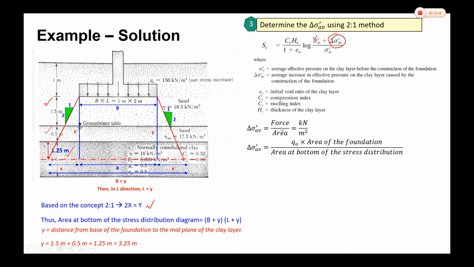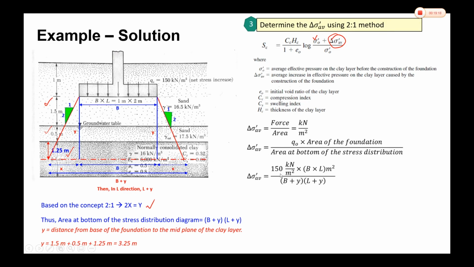It is actually based on the basic equation, force over area, so we should have the unit kilonewton per meter square. How can we get this one? We have the net stress increase, q naught, and we times it with the area of the foundation, B times L, and then divide it by the area at the bottom of the stress distribution, at the clay layer part.